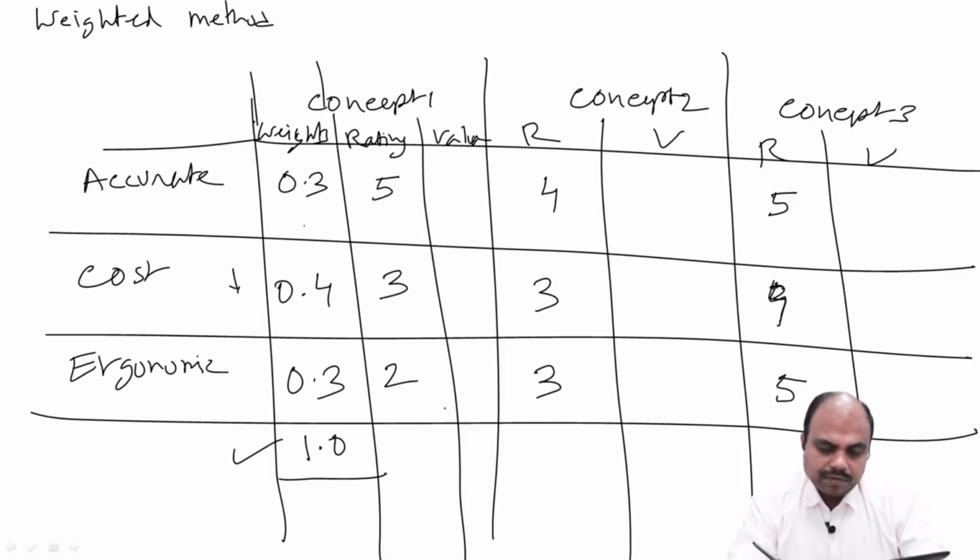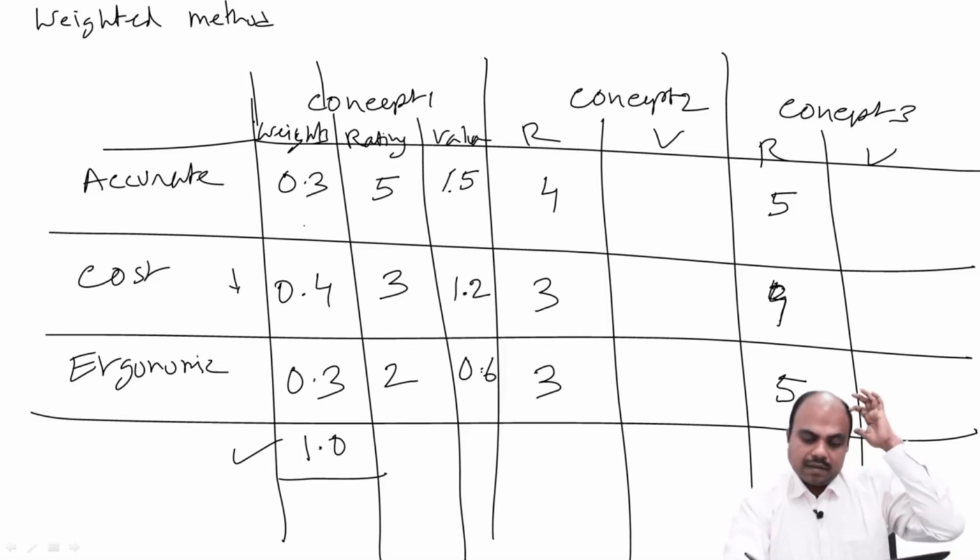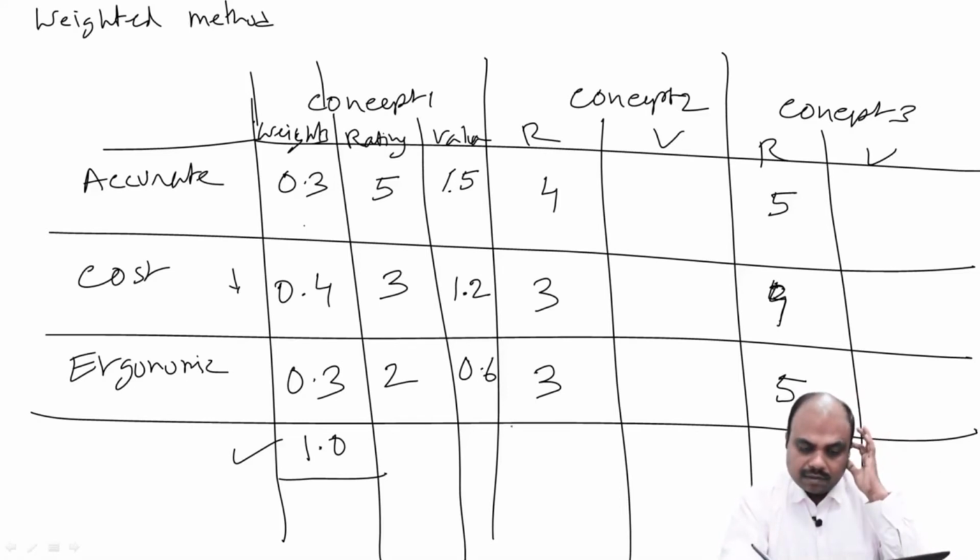So now if you want to have the value, take for example, here it will be 1.5, 1.2, 0.6, and then we are going to add all of them together.